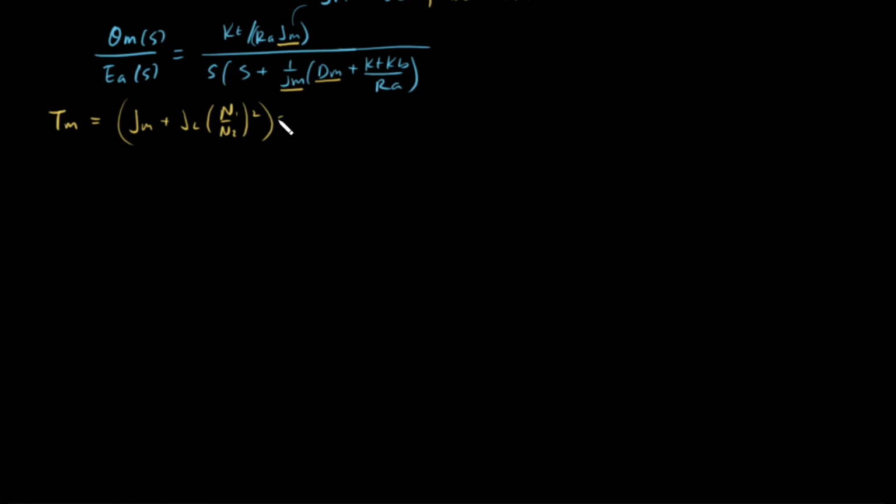This quantity is times S squared. And this is plus DM, which is the motor damping, plus the motor load that we reflect on the destination shaft, times S, and we have this whole quantity times theta M of S. So these are our motor dynamics.